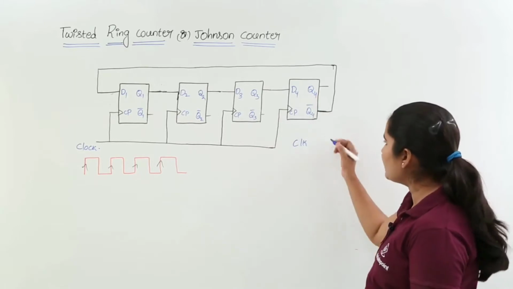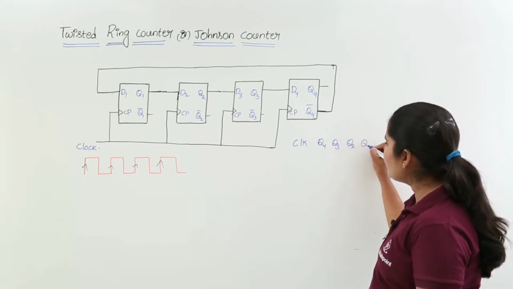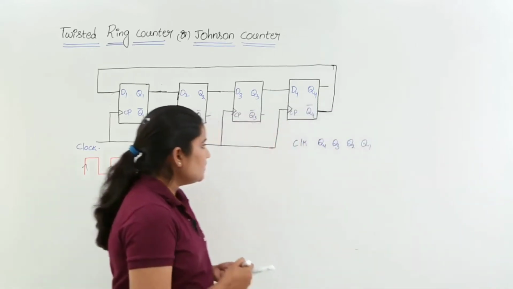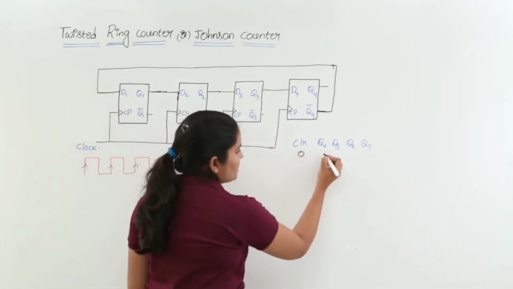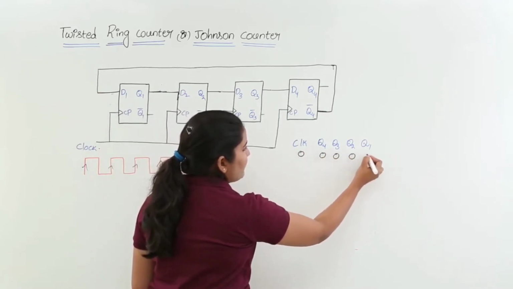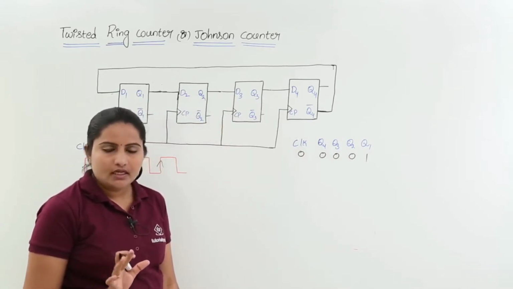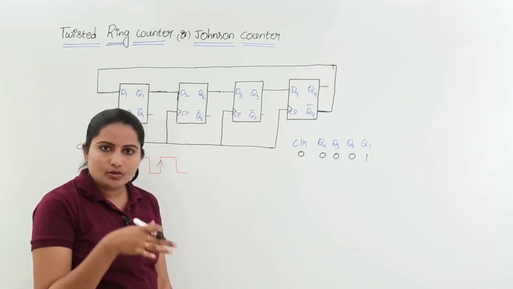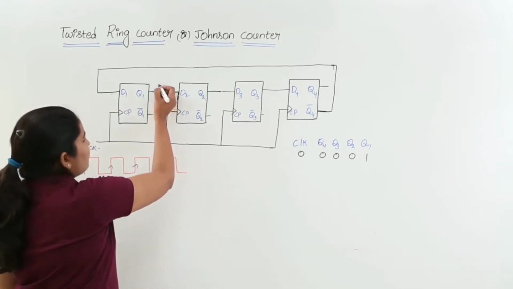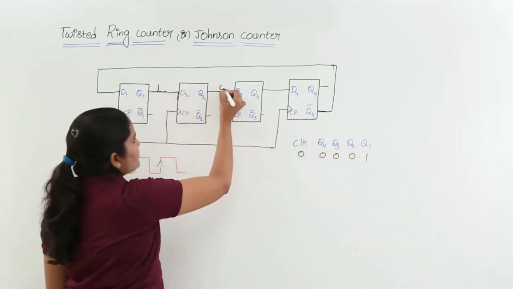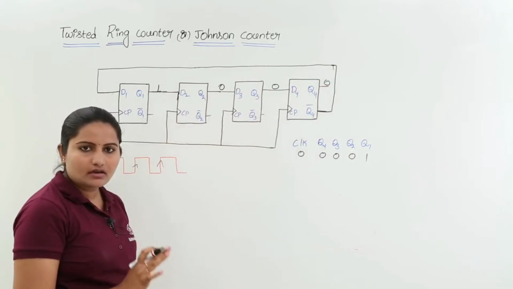When we are not applying any clock, that means clock equals 0, I am considering the initial values of the shift register like this: Q1 is 1, and the others 0, 0, 0. How many states are required to count that 4-bit data?